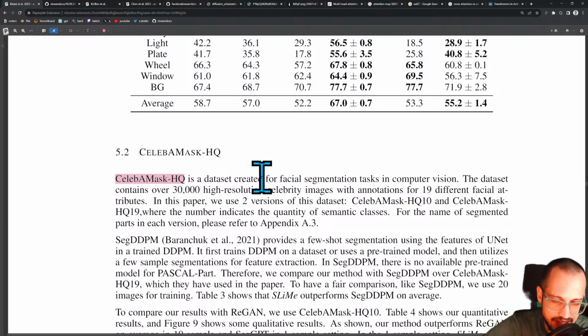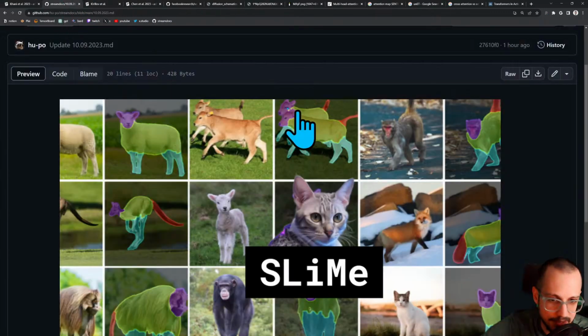You know, it used to be the case that if you wrote a paper and you only used a CelebAMask type data set, it wouldn't work for something like this, right? Something like animals in a field. And likewise, if you had something that worked for animals in a field, it might not work for CelebAMask-HQ.